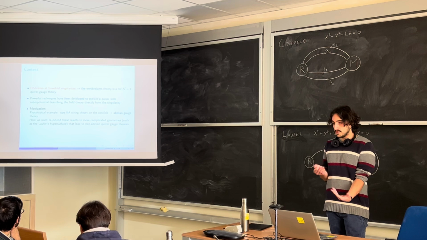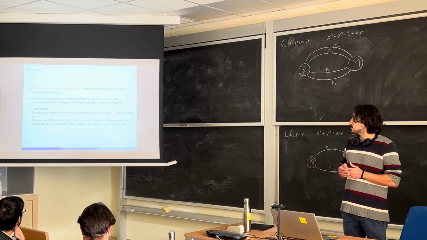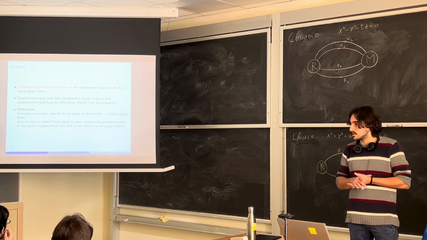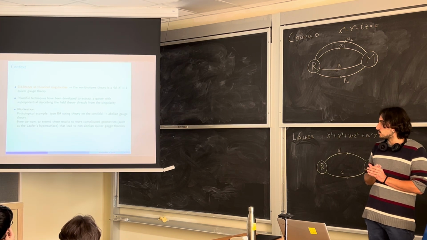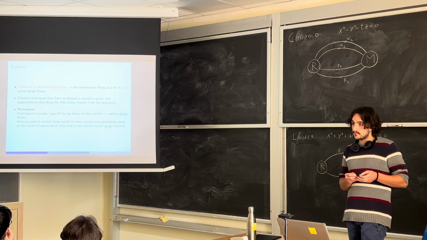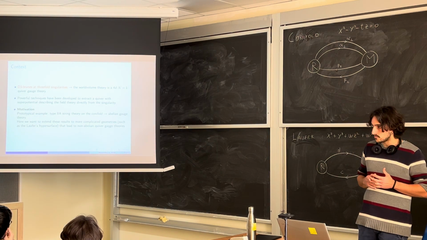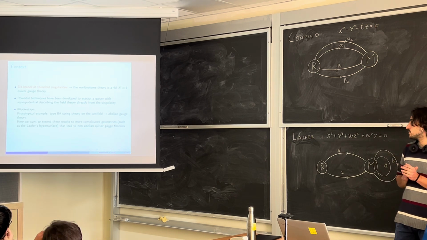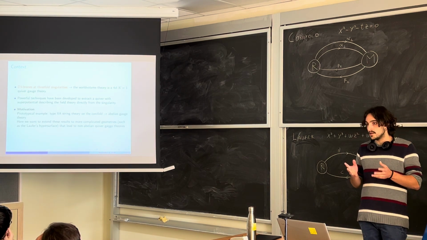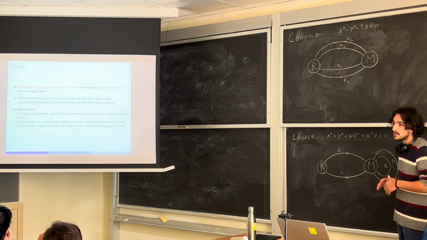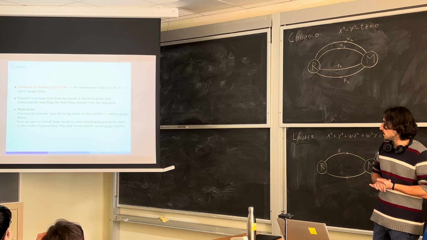And in recent years, several mathematical techniques have been developed to extract a quiver with superpotential directly from the singularity. So the motivation for this talk will be to study explicitly two examples, which are these two that I draw here.